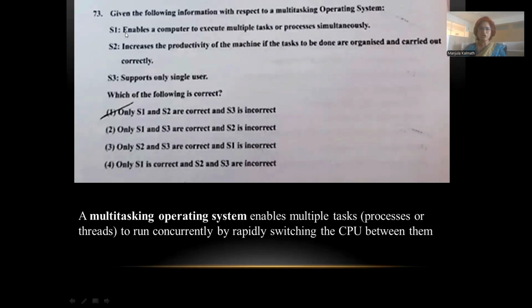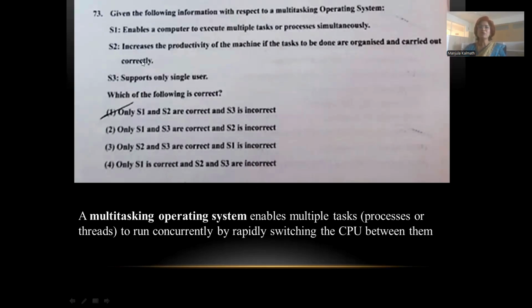So here, the first option, enables a computer to execute multiple tasks: multitasking enables the user to execute multiple tasks or processes simultaneously. These tasks are also called processes here. And S2, increases the productivity of the machine if the tasks to be done are organized and carried out correctly.